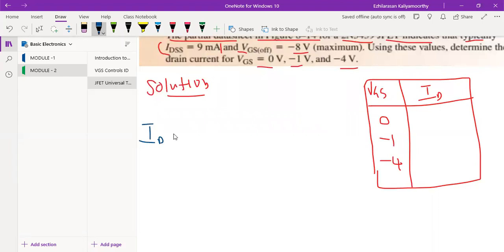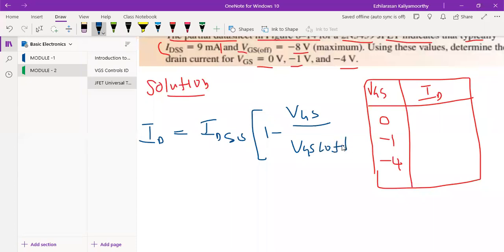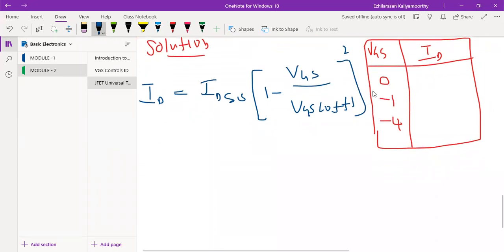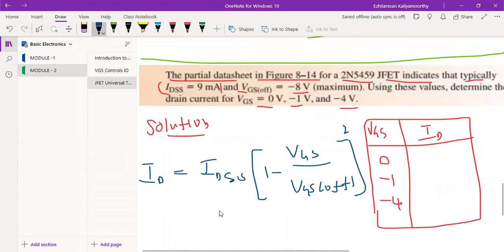That is ID is equal to IDSS times 1 minus VGS divided by VGS(off), then the whole square. First apply VGS: we know the quantities, just substitute those quantities.